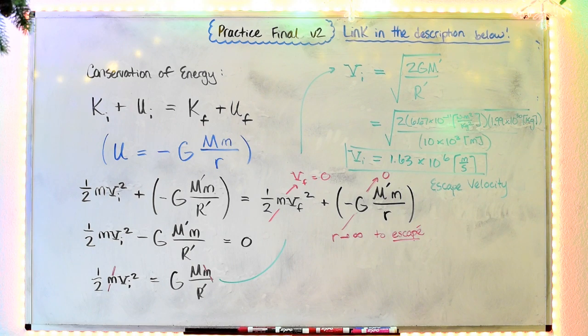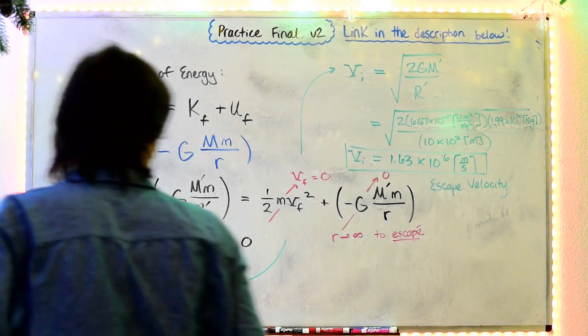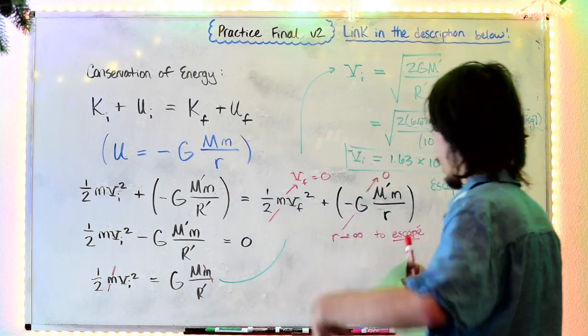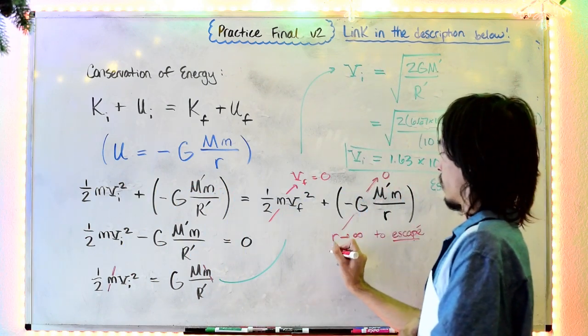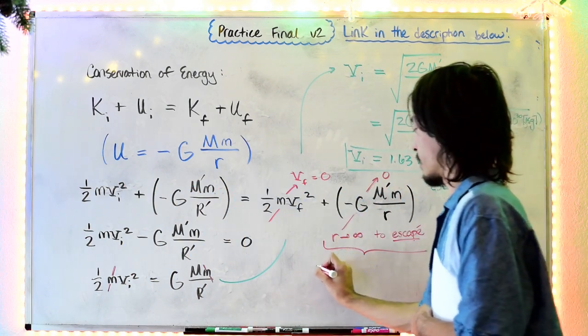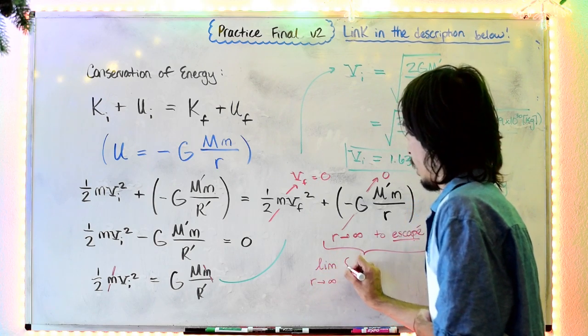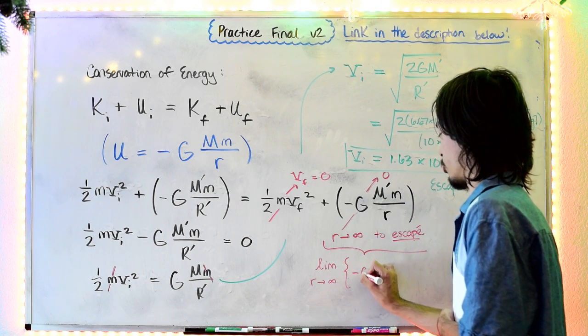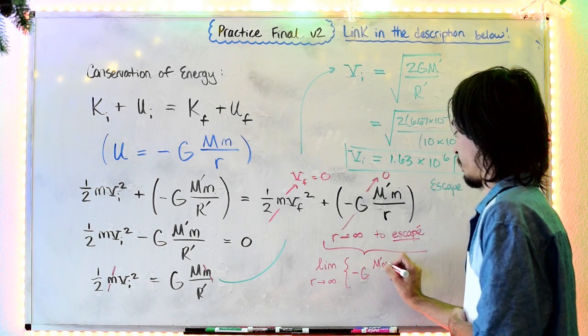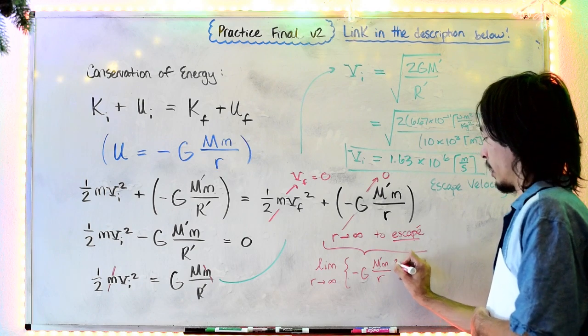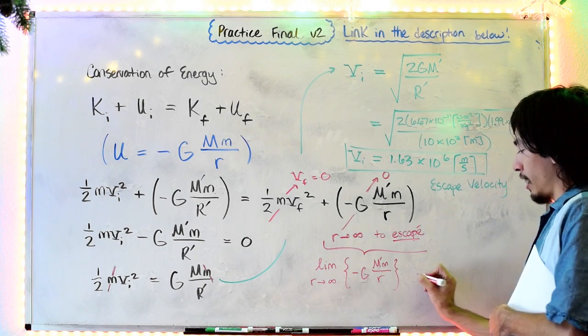Shouldn't you use some type of limit to come up with the final potential energy being equal to 0, or is it just conceptualized? Yes, you are taking a limit. What I am saying here is that in the limit as r goes to infinity of this expression, minus big G big M little m over r, as you take that limit, it approaches 0.